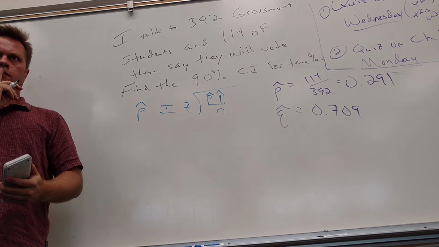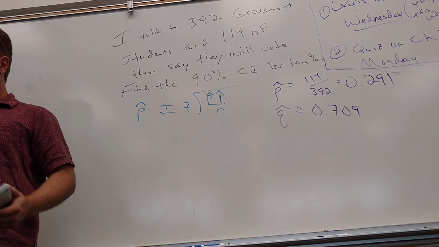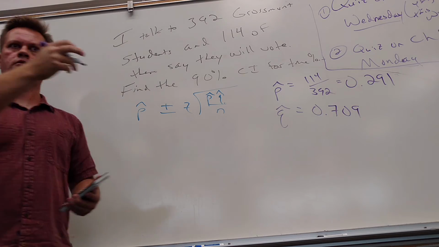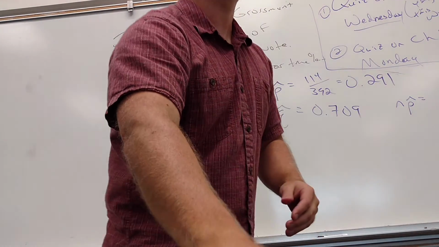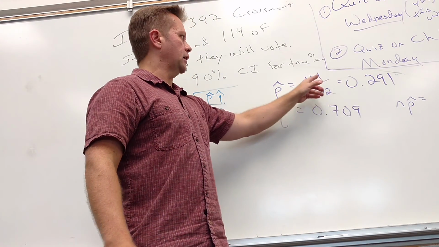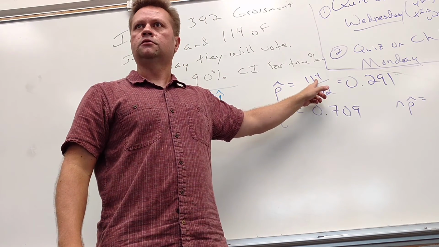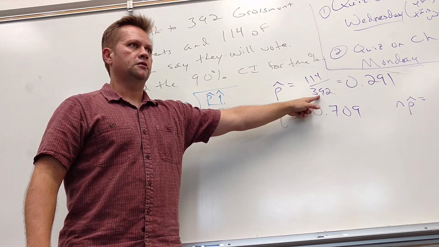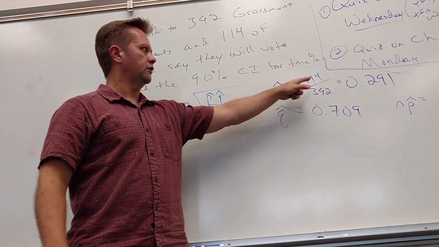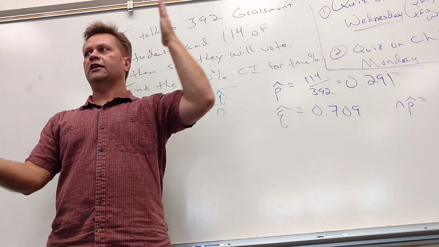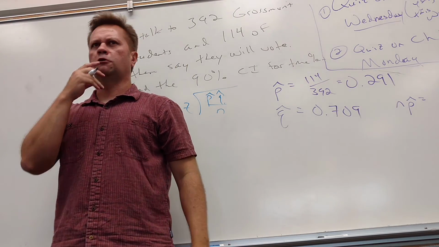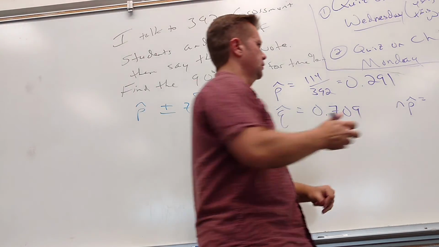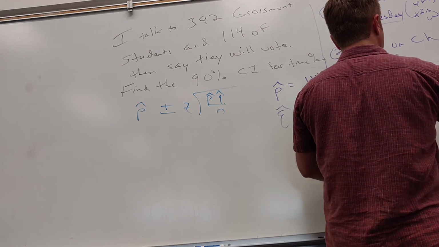Now, like I said earlier, we got to check np-hat, nq-hat. And I don't know if you guys realize this, you could do all the work, but np-hat's going to be 114. There's n. If I multiply by p-hat, I'm going to get 114. If you forget that, just do it, and you'll get 114, or 113.99. So that's going to be 114. That's bigger than 5. Check.